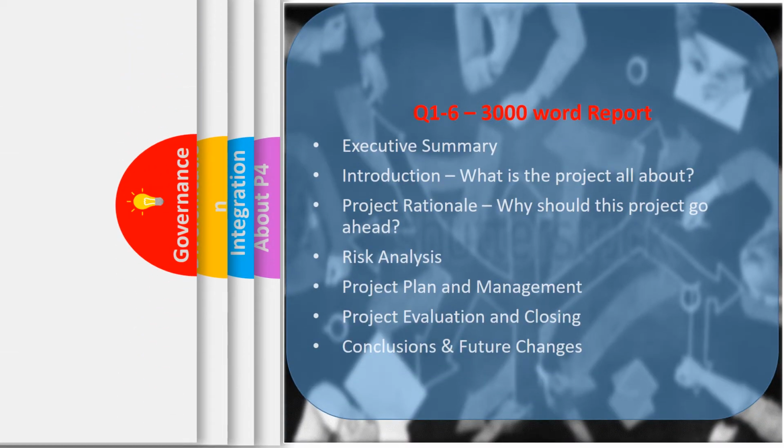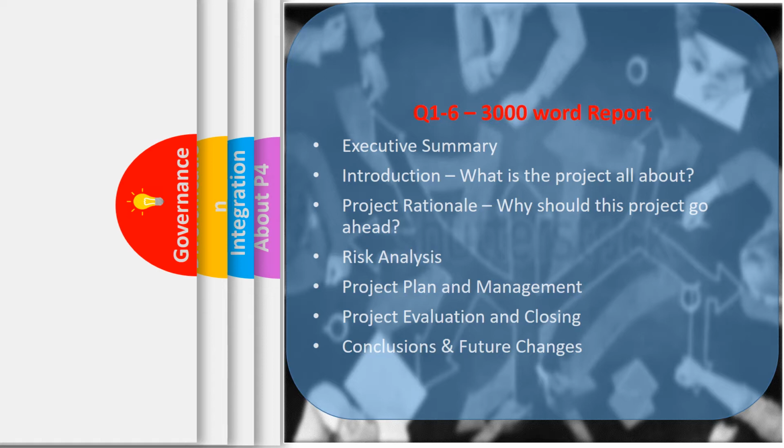So, we've kind of given you a format to carry out this CID, and it includes an executive summary, an introduction, with what the project is all about. The project rationale. Why should this project go ahead?